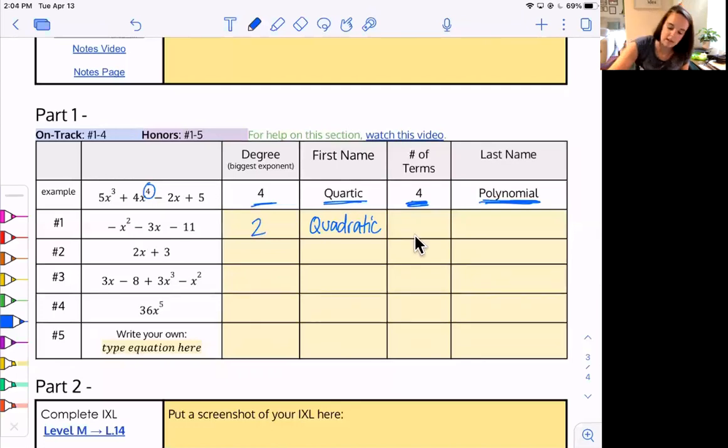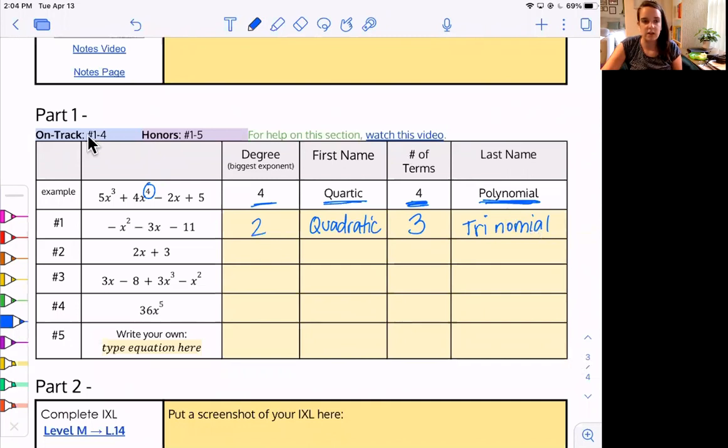So I'm going to put a 3 right here. What kind of nomial does this make it? 3 parts, just like a 3-wheeled bike is a tricycle. We would have a trinomial. So we'd say this is a quadratic trinomial. All right.